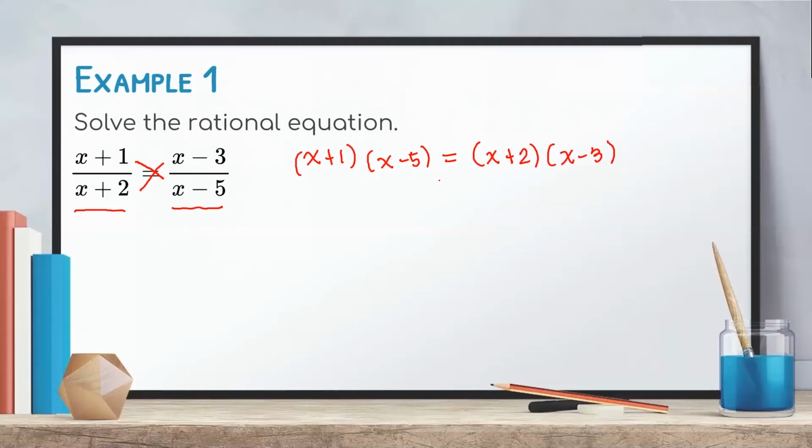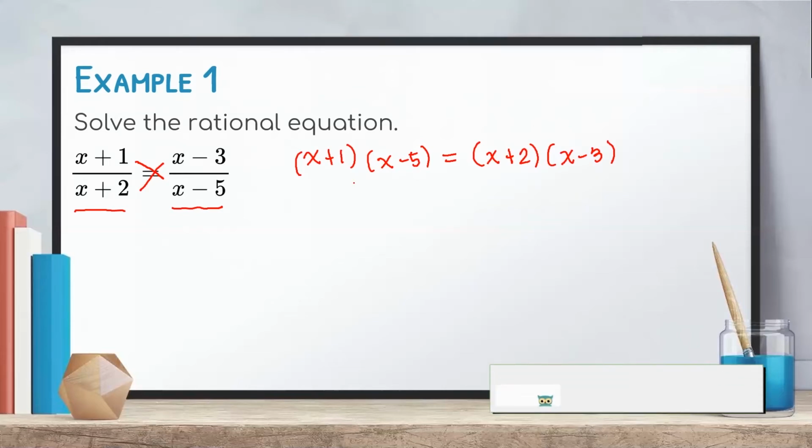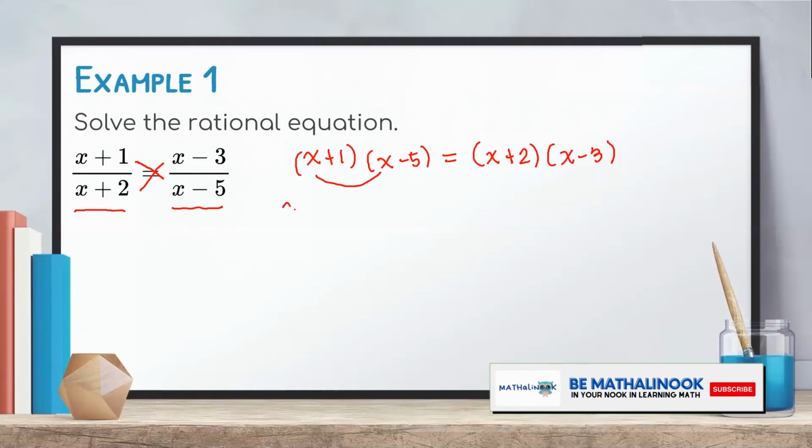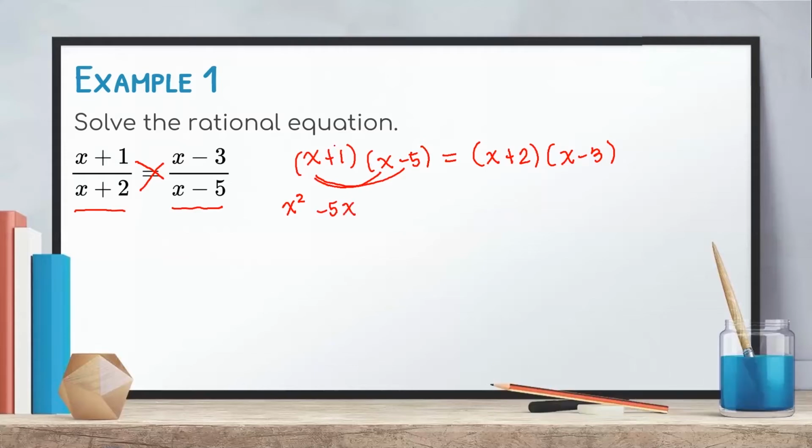From here, we simply need to multiply the two binomials x plus 1 times x minus 5 and x plus 2 times x minus 3. So, we will have x times x is x squared, x times negative 5 is negative 5x, positive 1 times x is positive x, and positive 1 times negative 5 is negative 5.